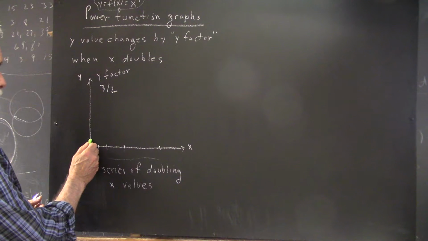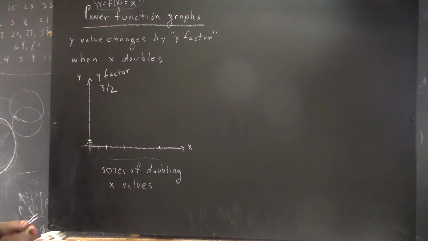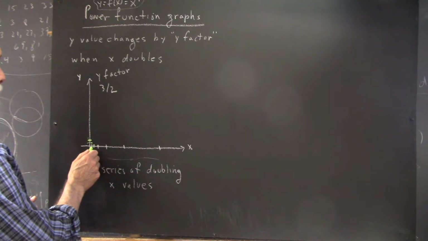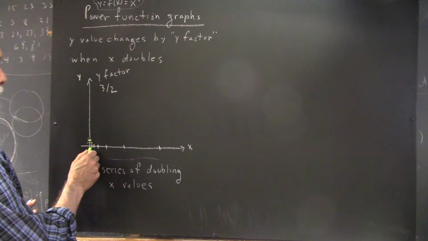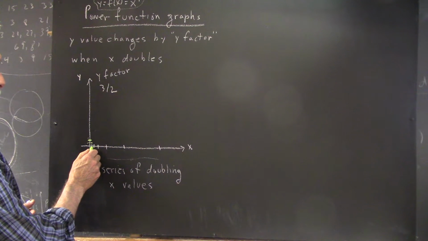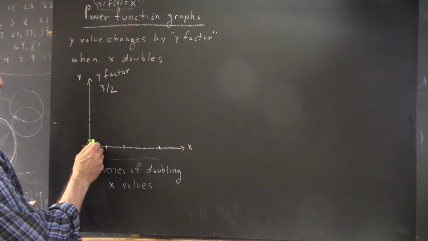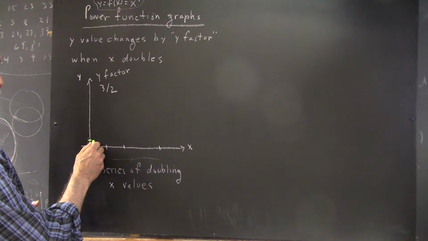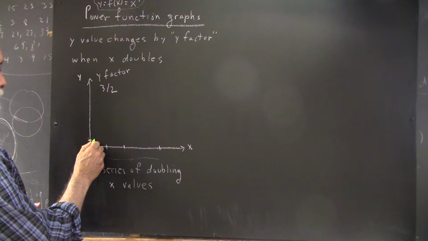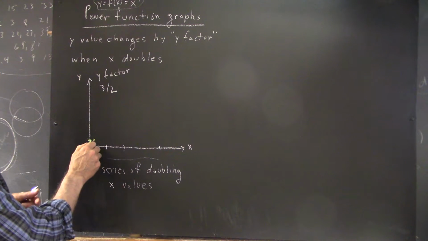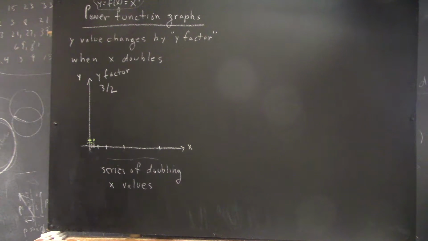I'm not going to try to construct that, it's just too close. But right there would be the new y value, and that would be the y value of the point that you get when x doubles. That would be the y value for this point here. So I can project over and up, and I've got a new y value and a new point on the graph.